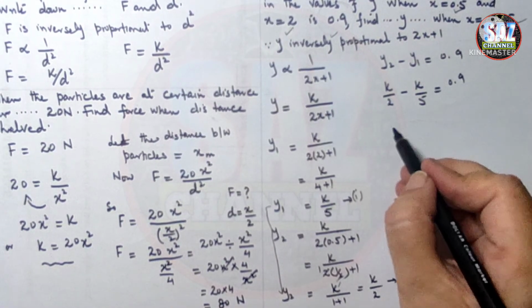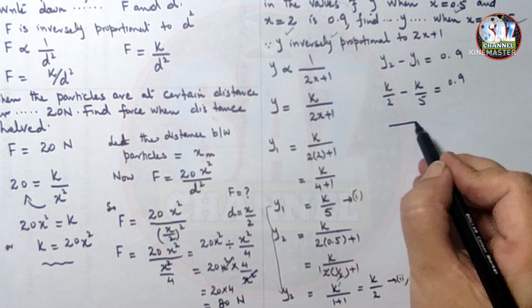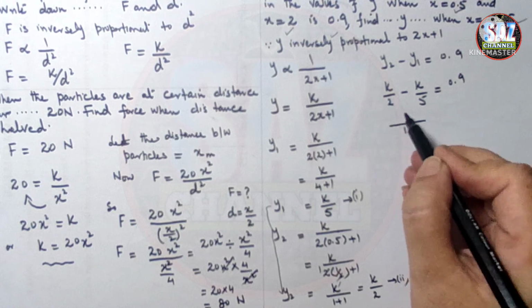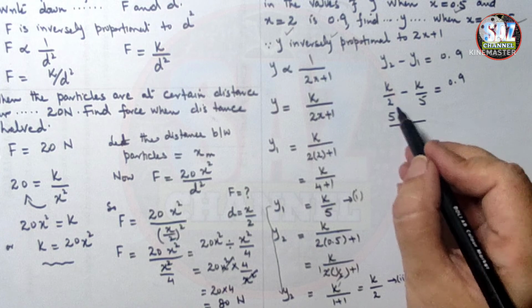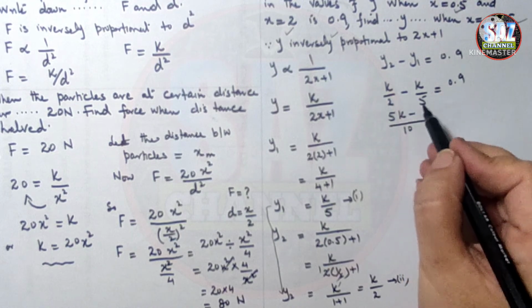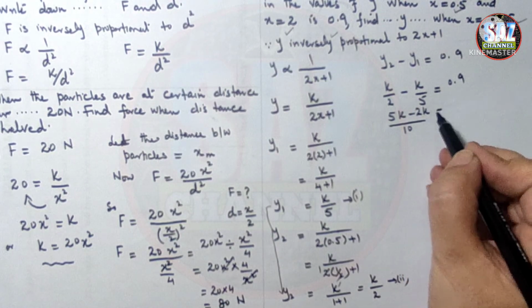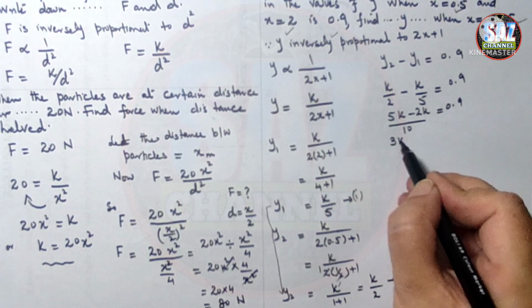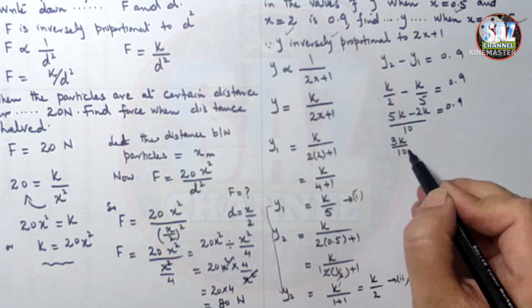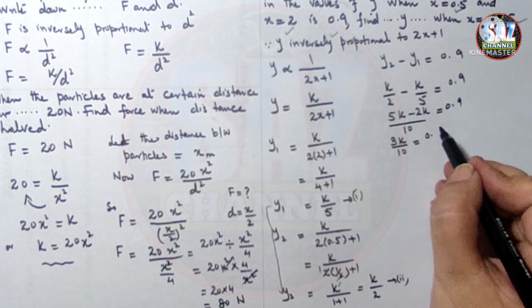Now I have to take the LCM here. This is 10. 2 5s are 5k, and 5 2s are 2k, equals 0.9. This will become 3k by 10 equals 0.9.